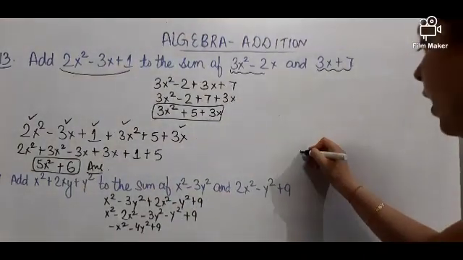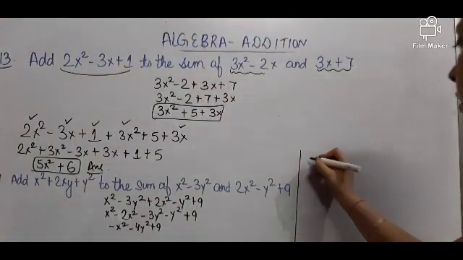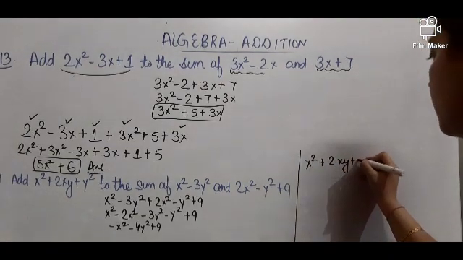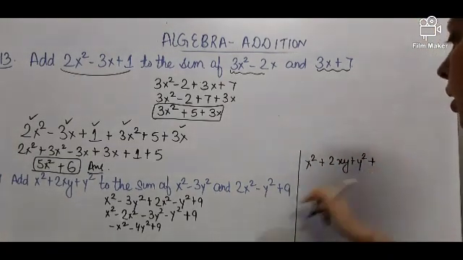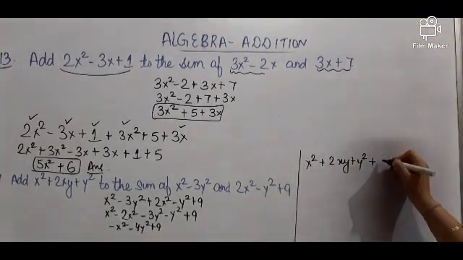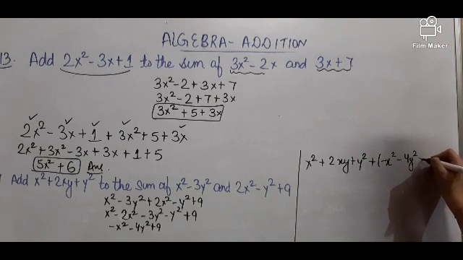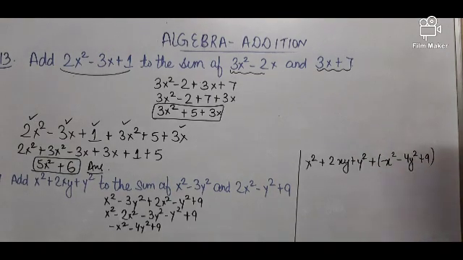Okay, now we have to add x square plus 2xy plus y square to the sum of this. So we have minus x square minus 4y square plus 9. Why am I writing this in the bracket here?